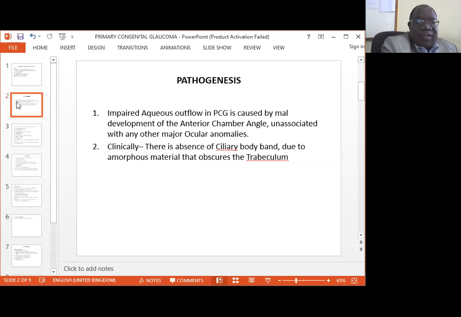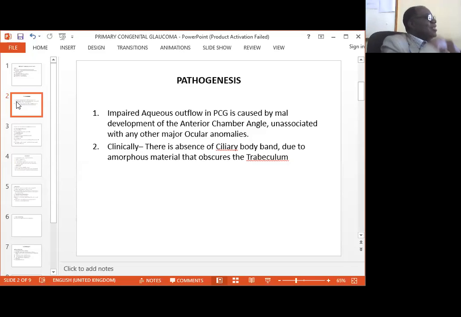Pathogenesis: you have impaired aqueous outflow in primary congenital glaucoma, caused by maldevelopment of the anterior chamber angle. Remember, the aqueous is produced from the ciliary processes, which are in the posterior chamber. The fluid comes through the pupil to enter the anterior chamber.